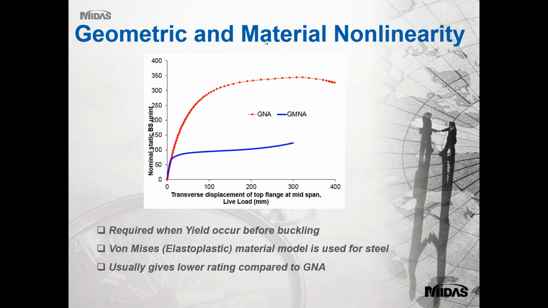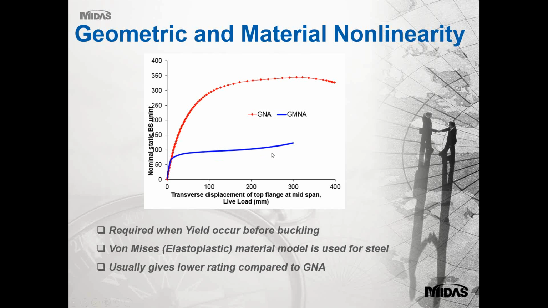And material nonlinearity can be considered sometimes if there is yielding occurring before buckling. Sometimes in the buckling analysis you will see that stresses are exceeding the yield stress. In that case, the material yielding is actually happening, and we need to consider that through an elastoplastic analysis.